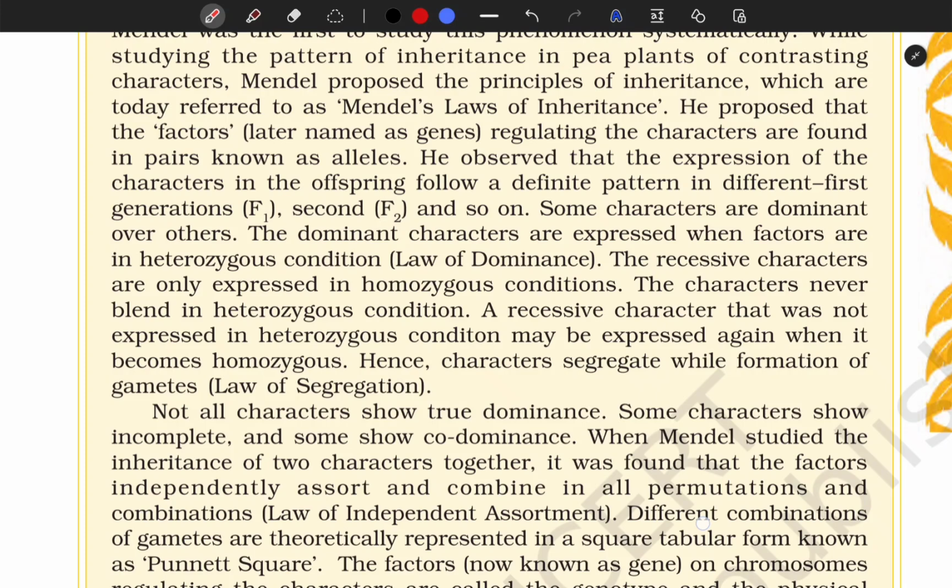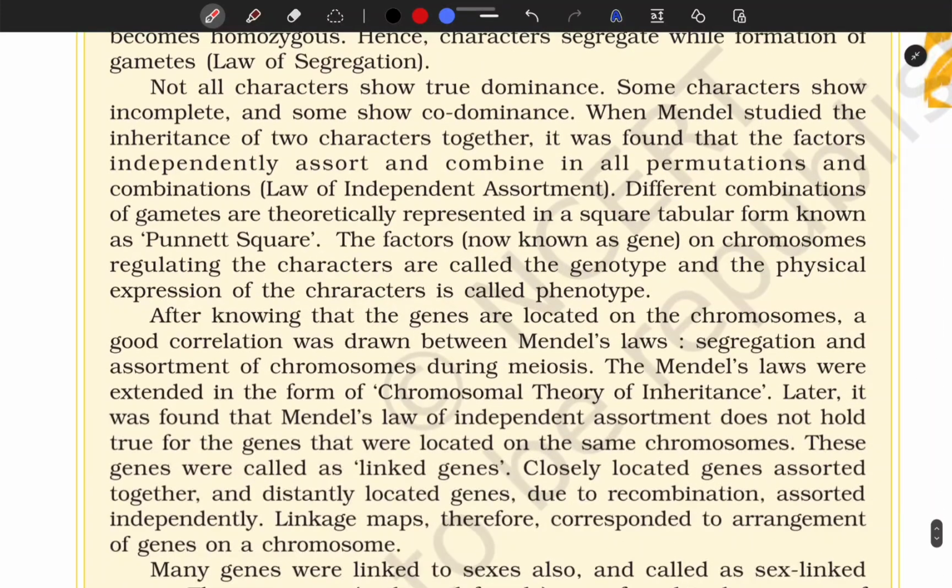The dominant characters are expressed when factors are in heterozygous condition, that is the law of dominance. The recessive characters are only expressed in homozygous condition. The characters never blend in heterozygous condition. A recessive character that was not expressed in heterozygous condition may be expressed again when it becomes homozygous. Hence, characters segregate during formation of gametes, that is the law of segregation.